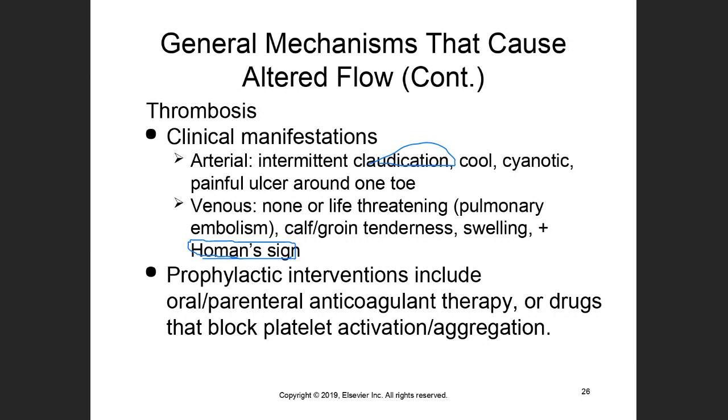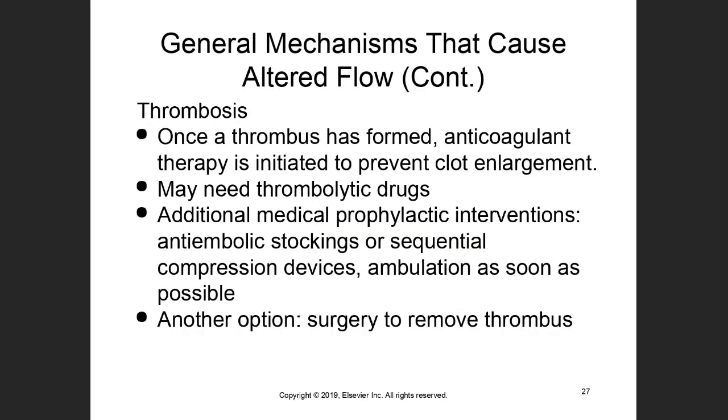Prophylactic interventions include oral or parenteral anticoagulation therapy or drugs that block platelet activation and aggregation. Clopidogrel, Prasugrel, those are medications. Once a thrombus has formed, anticoagulant therapy is initiated to prevent clot enlargement. May need thrombolytic drugs, TPAs.